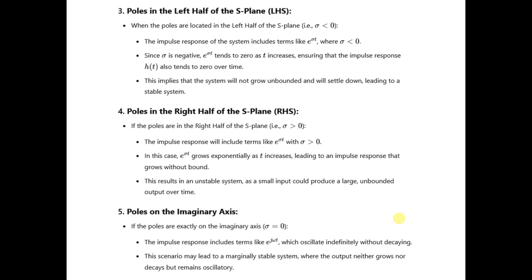Now, poles in the left half of the S-plane. When poles are located in the left half of the S-plane, the sigma value is less than 0. So what happens?